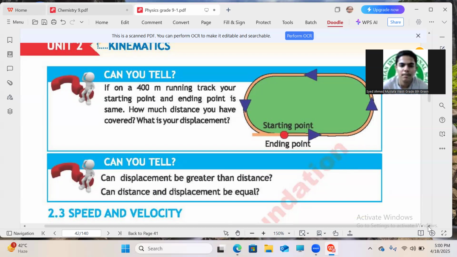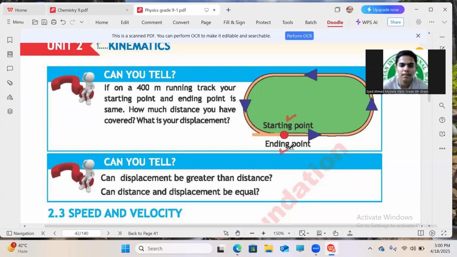What is your displacement? Here the starting point and ending point are on the same point. This red point is the same for starting point and ending point. Now you have to tell what is the distance and what is the displacement.